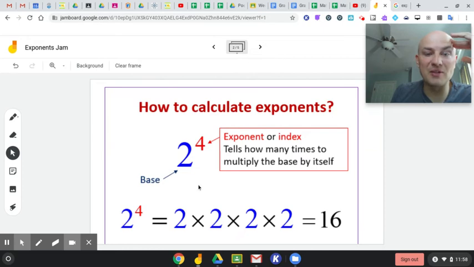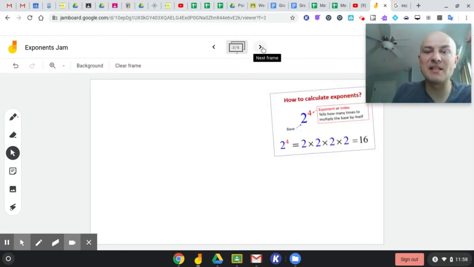Just for today, all I want to tell you about is some vocabulary. If I use the word base, that's the number that's being repeatedly multiplied. And the exponent, in England they call it the index, tells you how many times. We've done this before, okay? The only thing I want to do is go a little bit beyond what we've done before.